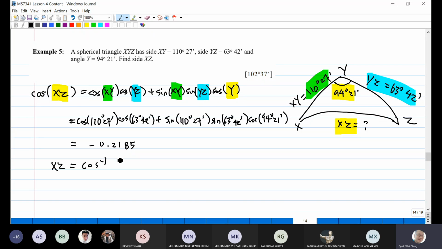Cosine inverse, you don't need to worry because there's only one answer, unlike sine inverse, where there are two possible answers. This time you get 102 degrees and 37 minutes.